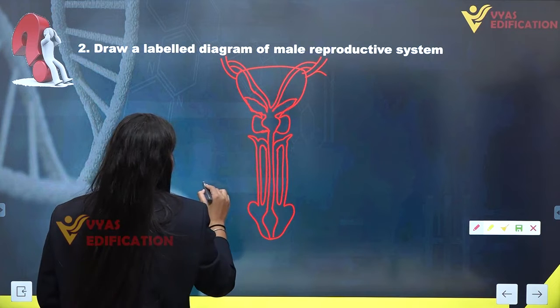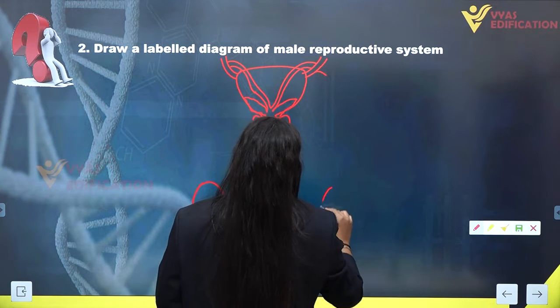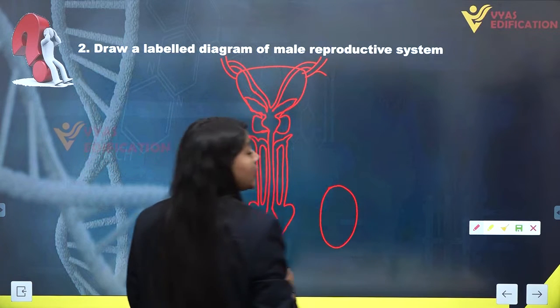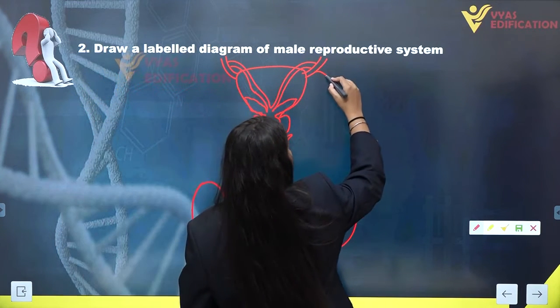Then we are going to make here a pair of testes which is present in the scrotal sac outside the abdomen.